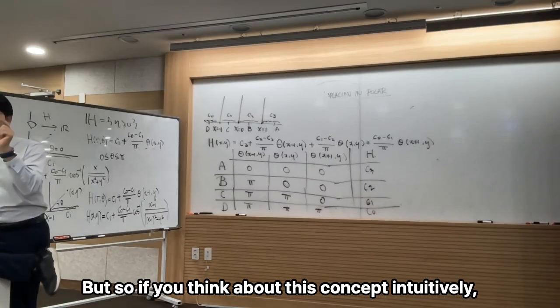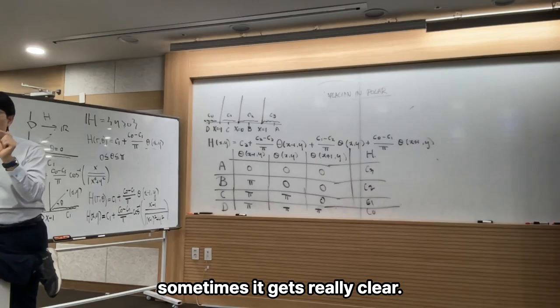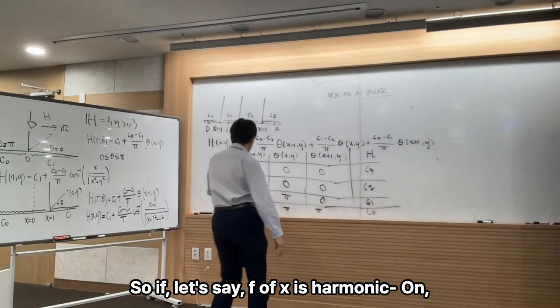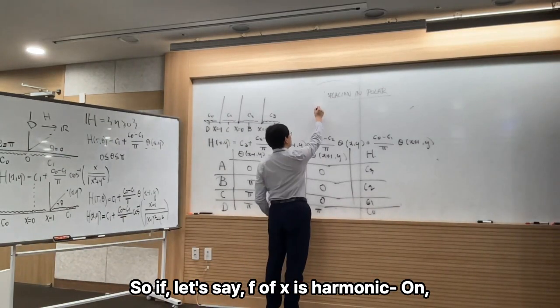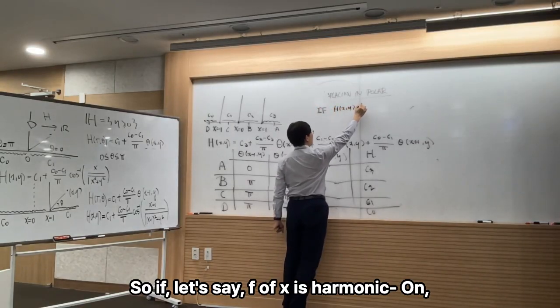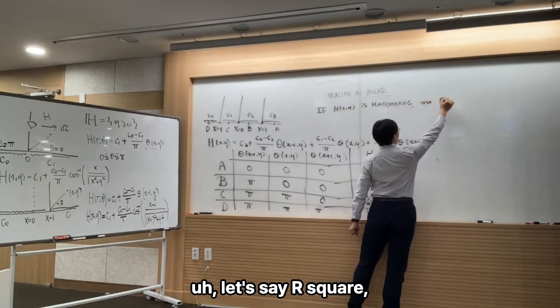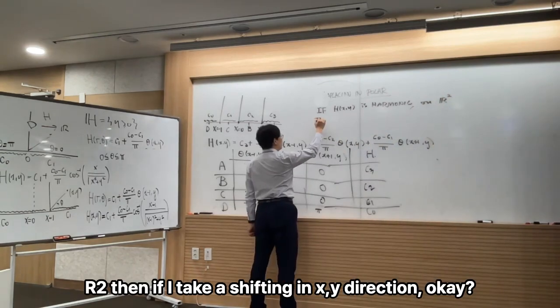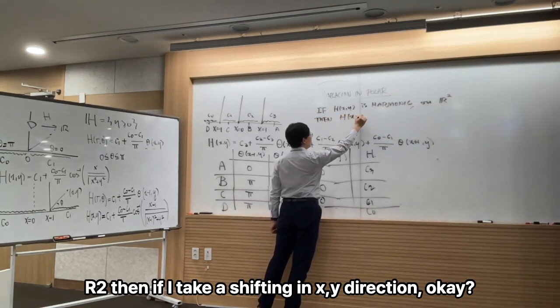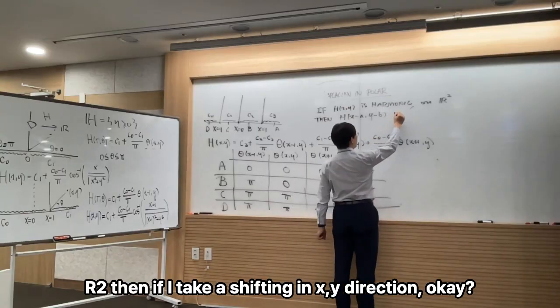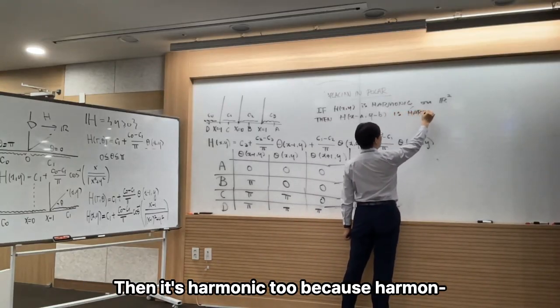But if you think about this concept intuitively, sometimes it gets really clear. It's a kind of obvious thing. So if, let's say, f of x is harmonic on R squared, then if I take a shifting in the xy direction, then it's harmonic too.